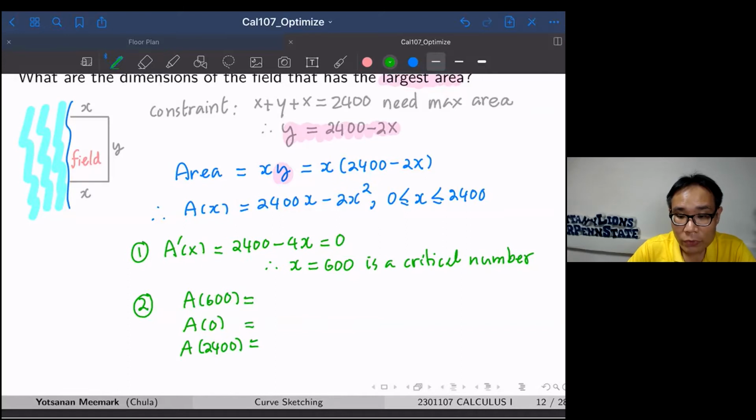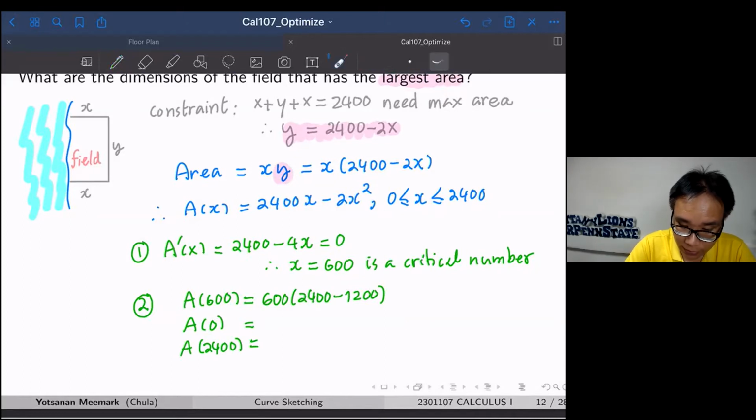So when x equals 600, what is it going to turn out to be? It's going to be 600 times 2,400 minus 1,200, right? So I plug in here.